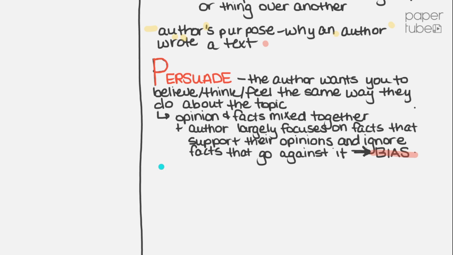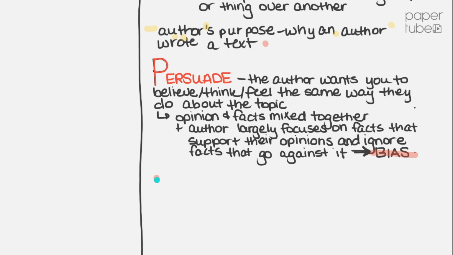They're trying to make you believe or think or feel the same way they do about the topic that they're writing about. Some things to keep in mind about when the author's purpose is to persuade you is that they're going to mix opinion and facts together to try to make their point to win you over to their side. The author is going to pick facts that back up their opinion, and they're going to try to ignore the facts that go against it.